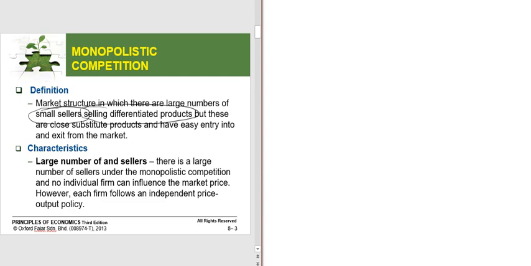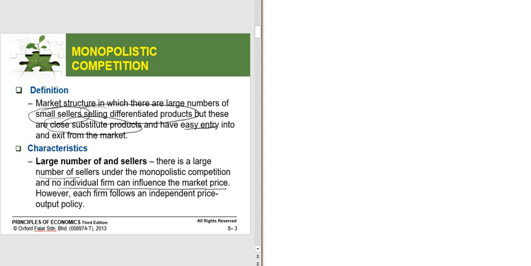Their products have close substitutes. They have a lot of competitors in the market, and it's relatively easy for other firms to enter the market. Now let's go into detail. The first characteristic is that there is a large number of sellers. No individual firm can influence the market price, meaning there is no dominant firm that can set a certain level of price for the market.